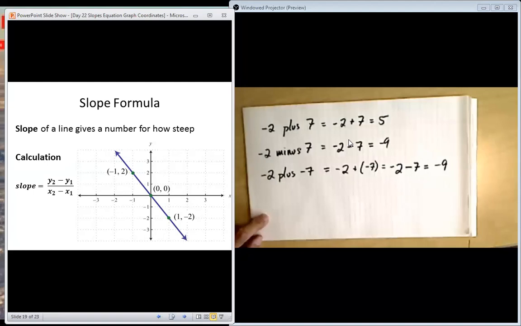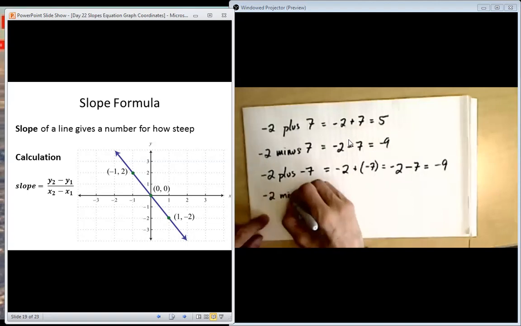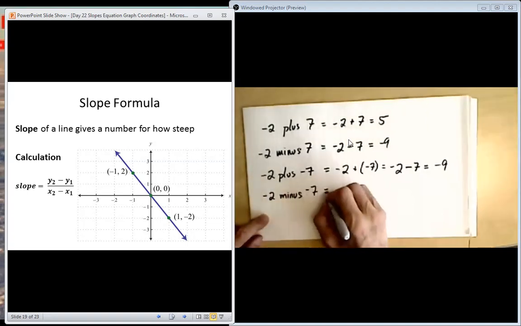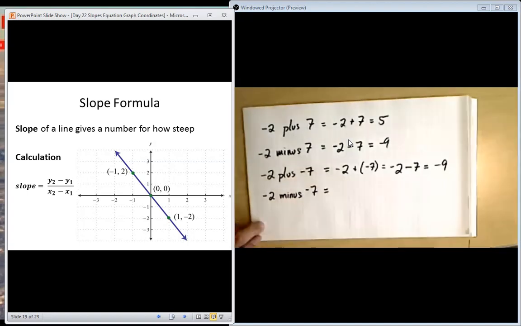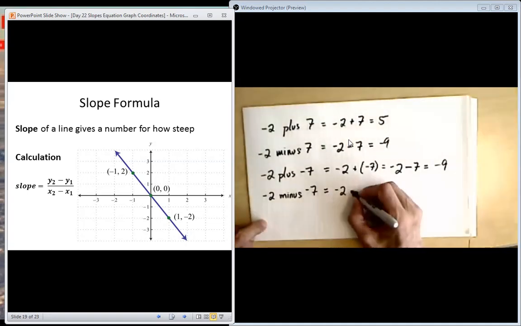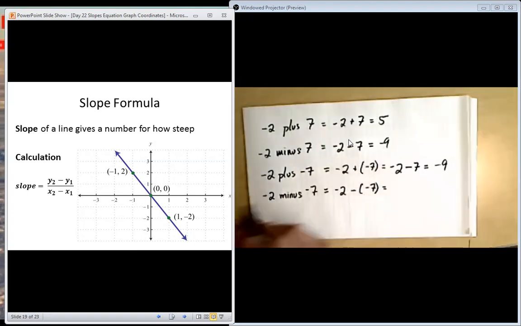And then there's the last one. -2 minus -7. It's going to be +5, but watch how it goes. You have -2 subtract -7 using brackets just to keep things nice, eh?